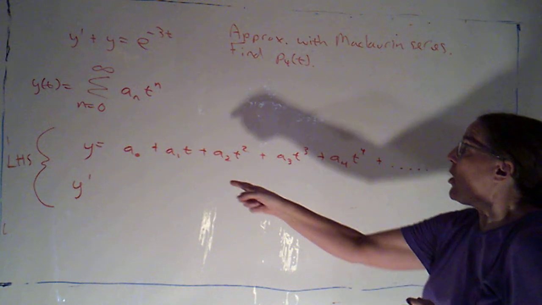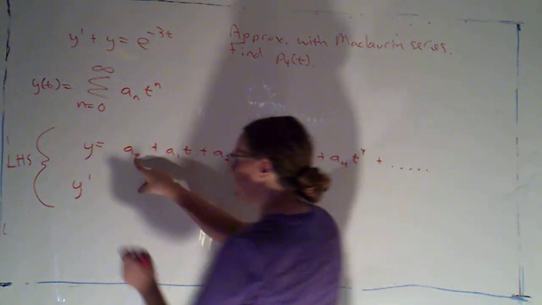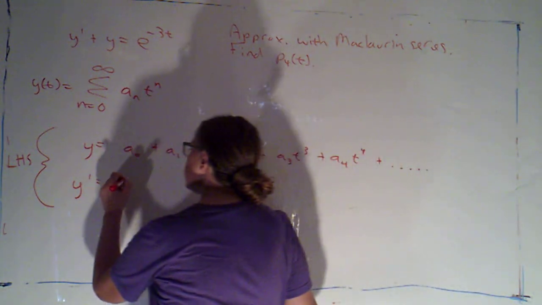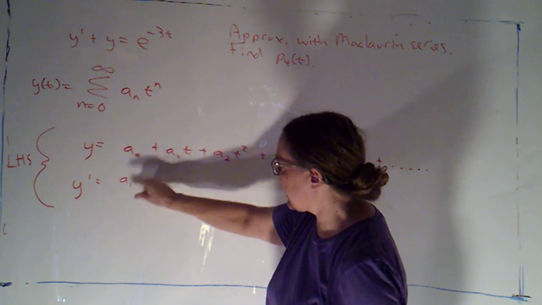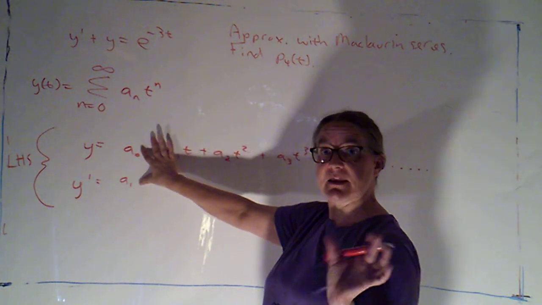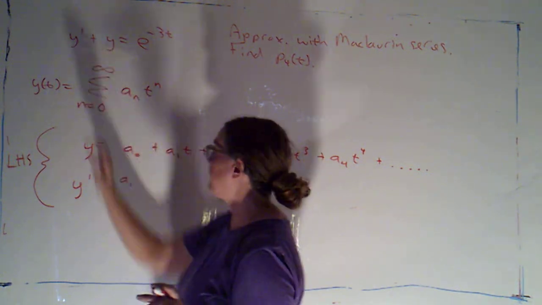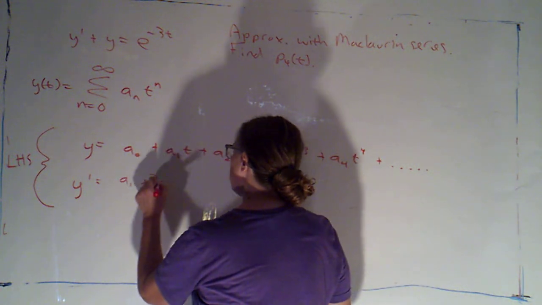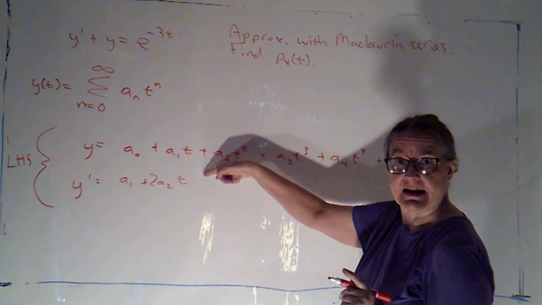Y prime, well, if I take the derivative of a constant, that's just 0, so that goes away. The derivative of a1t is a1. Now I'm going to line that up with the constant that I have, because these two together are going to be the constant that I have on the left-hand side of my equation. Now, when I take the derivative of the next term, I'm going to get plus 2a2t, and I'll line that up with the other t's that I have.